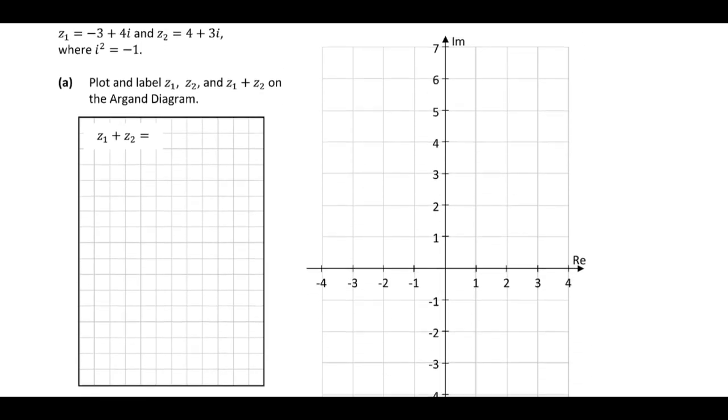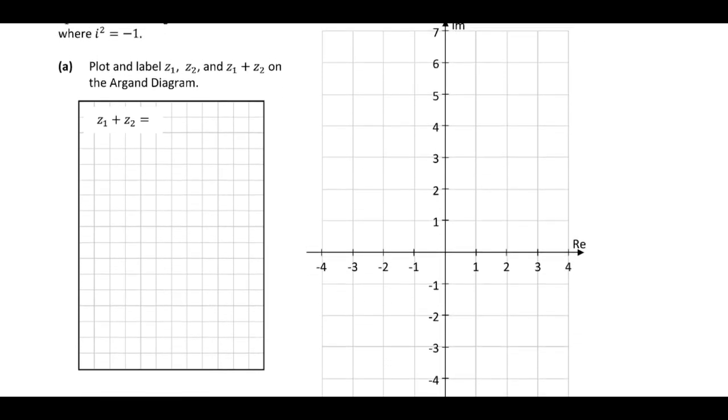Question 2, it's a complex numbers type question. So we have Z1 here, which is minus 3 plus 4i, Z2 is 4 plus 3i, i squared is minus 1. Plot and label Z1, Z2 and Z1 plus Z2 on the Argand diagram. So let's just add the two complex numbers first. Z1 plus Z2 is equal to minus 3 plus 4i plus 4 plus 3i.